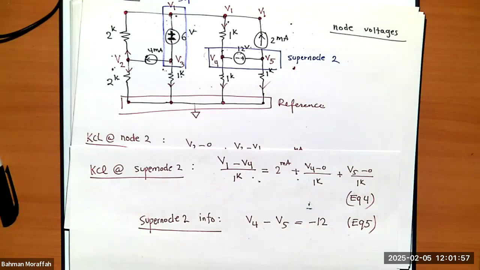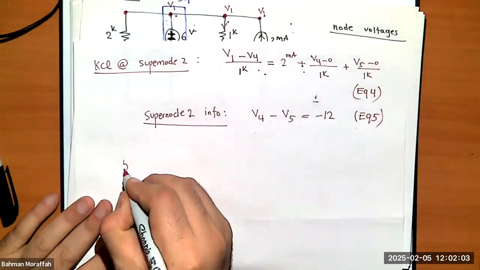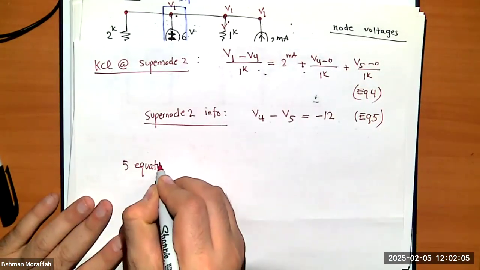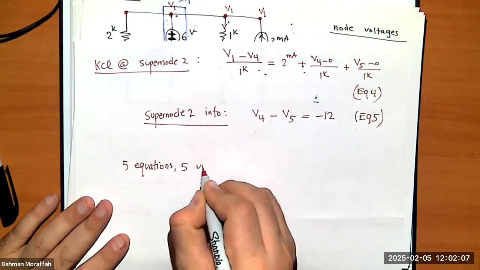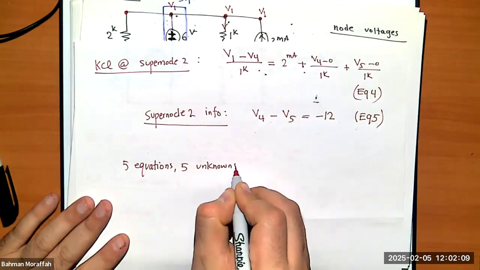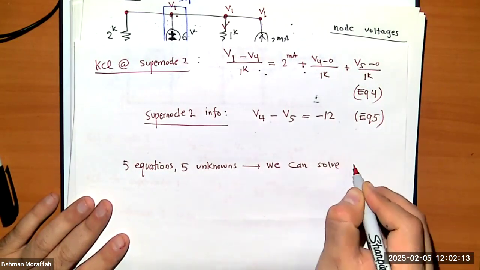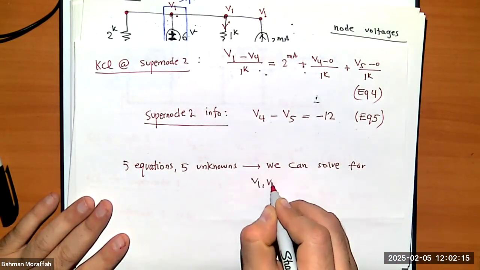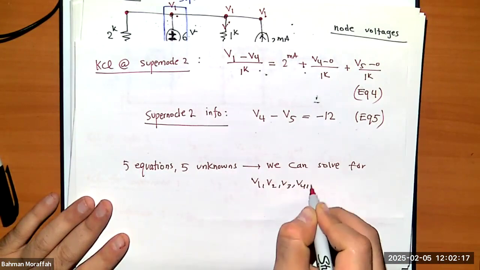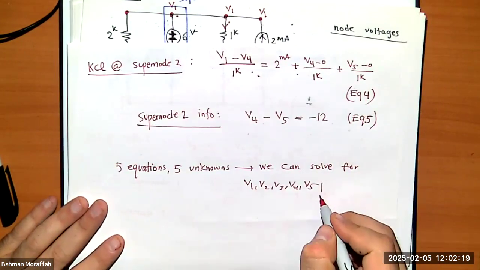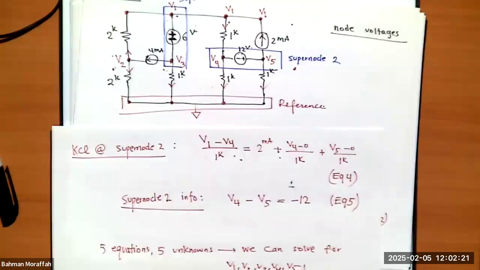I can solve for V1, V2, V3, V4, and V5. And as soon as we know V1, V2, V3, V4, and V5, we know everything in this circuit, right?